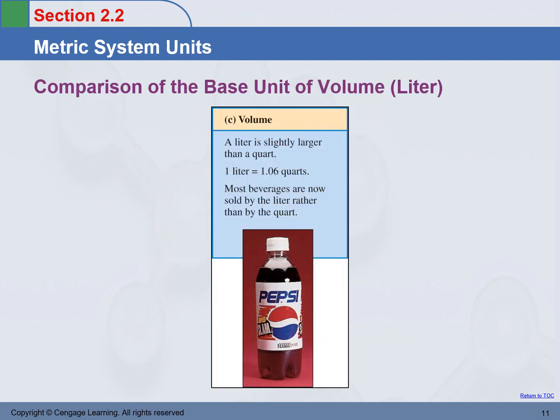This slide is trying to give us an idea of the size of a liter. 1 liter is a little over 1 quart. If that doesn't give you a clear picture, let's talk about a gallon. We all know how much 1 gallon is. 1 gallon milk jar.